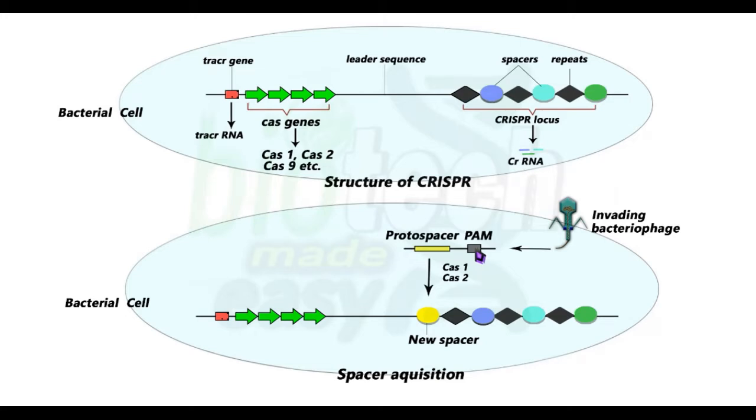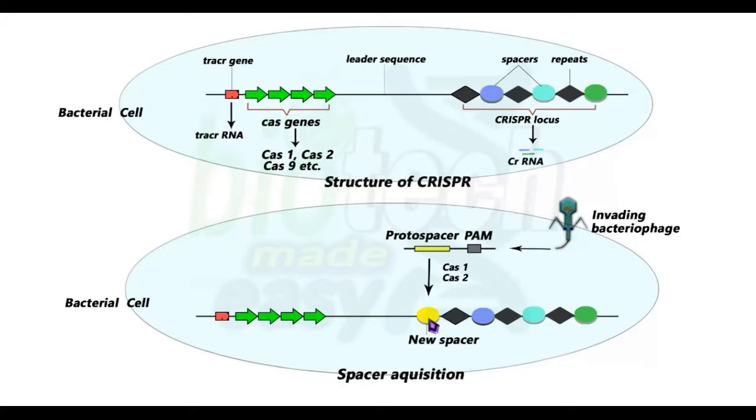But though PAM is very important here, PAM is not inserted into the CRISPR locus. Only this protospacer is present here. Only this is the acquisition of the protospacer takes place, and now it is called as the spacer. So this is yellow colored protospacer, that's why I have shown this spacer by yellow color.